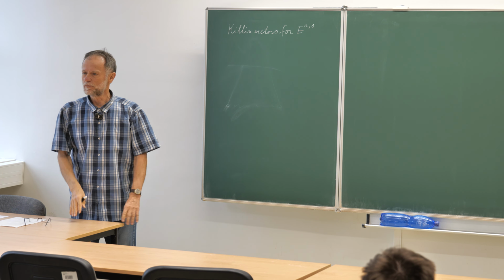So for example, this M12 with 2 pluses here is x2 derivative with respect to 1 plus x1 derivative with respect to 2. This is the explicit vector field for this case.